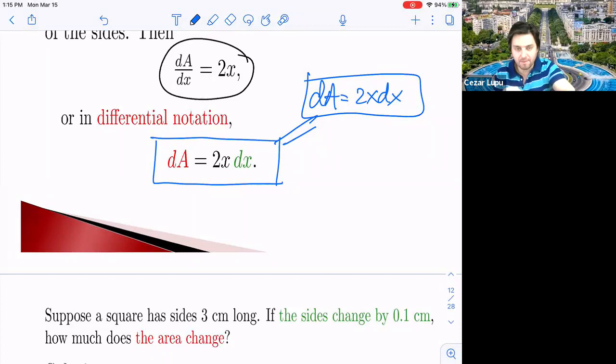We said it previously. Tell me, what is the area? Exactly. So the area is a function of x, right?